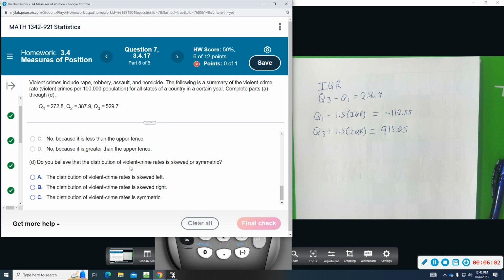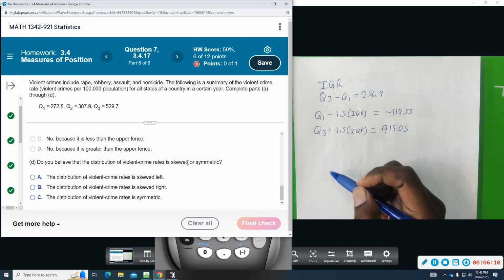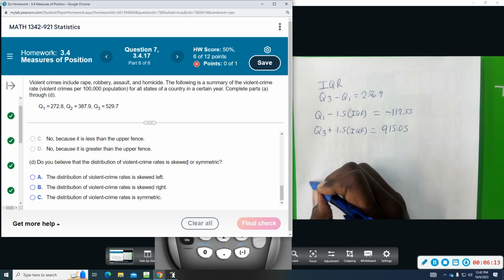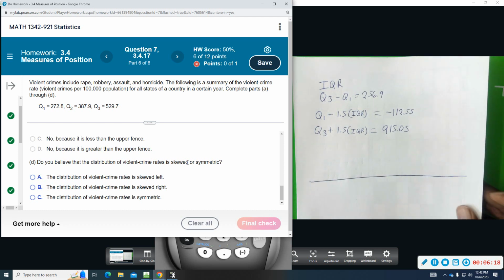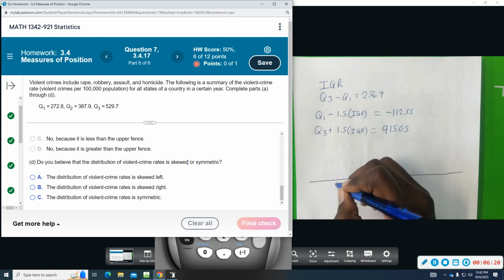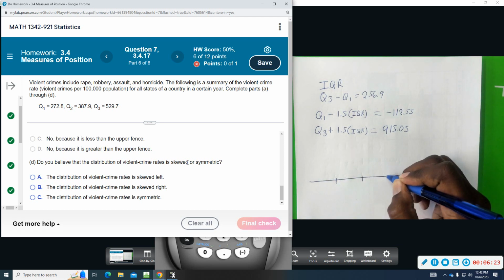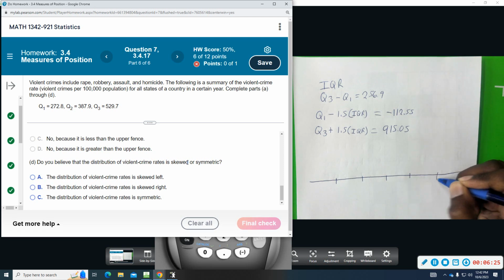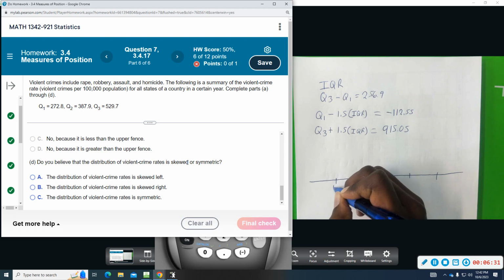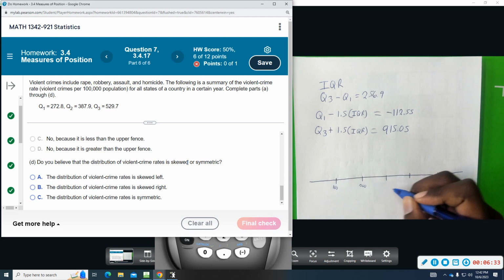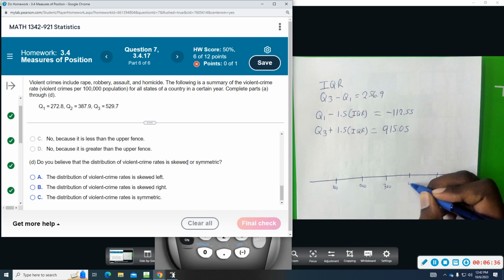All right, part D. Do you believe the distribution to be skewed or symmetric? So you find the distance between these numbers. So if I was to just make a number line, like drawing the scale, or I could just do some math with it, let's say that this was 100, 200, 300, 400, 500.